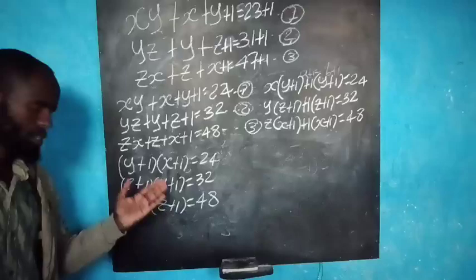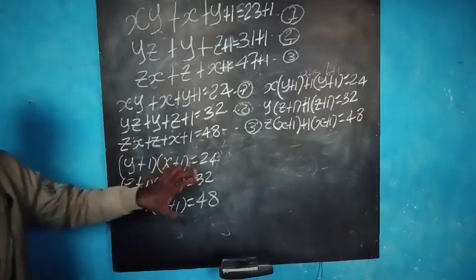Now we can multiply the three equations on both sides.